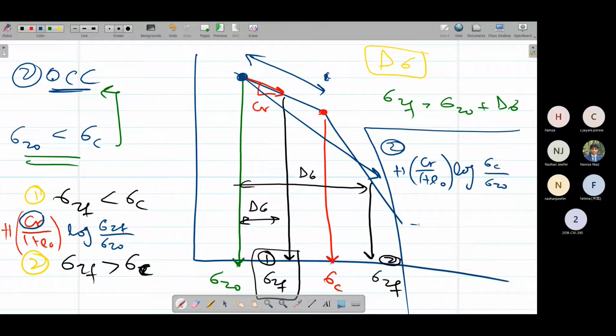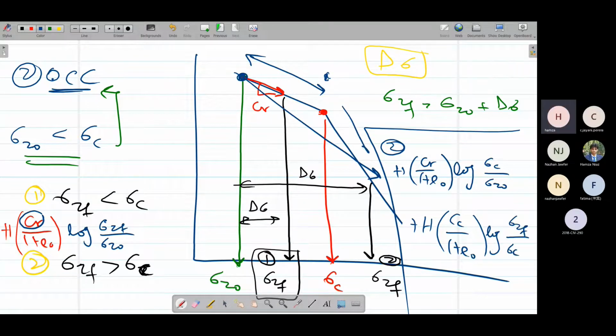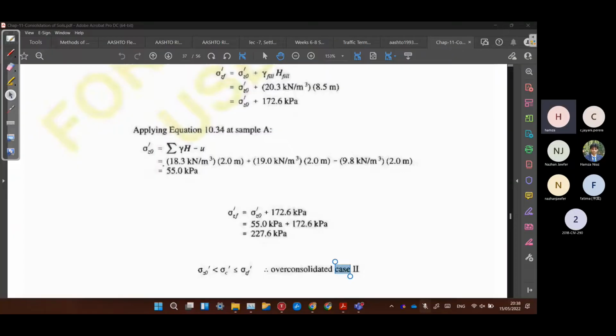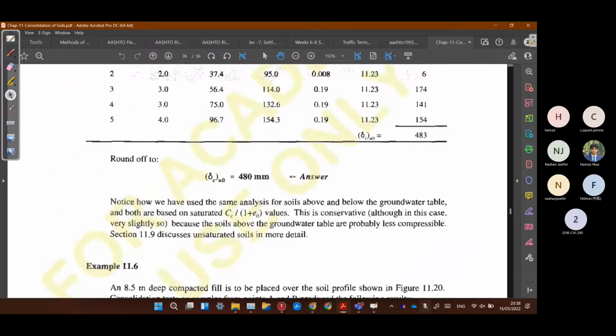Plus the second curve, H times CC over 1 plus E naught times log of sigma ZF over sigma C. So this is the final pressure for the second curve and this is the initial pressure for the second curve. We have actually divided this into two parts. We just have to memorize these formulas. Any issue in this should be moved to the numerical.